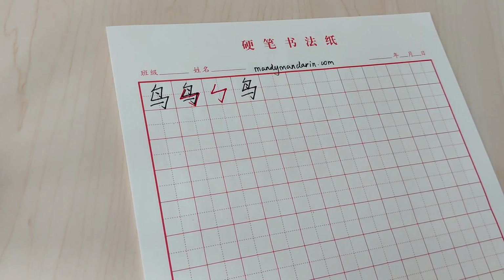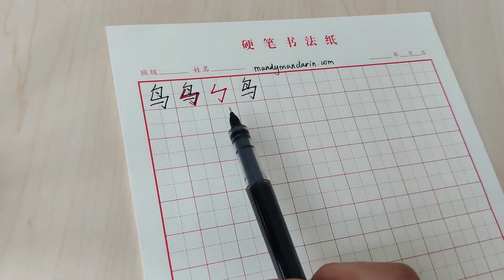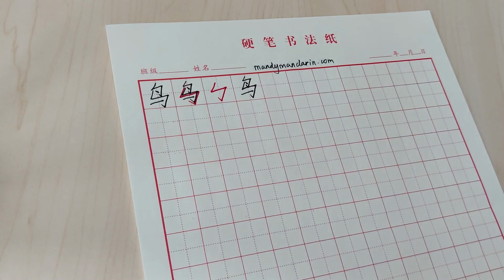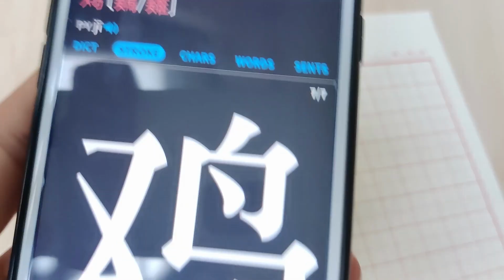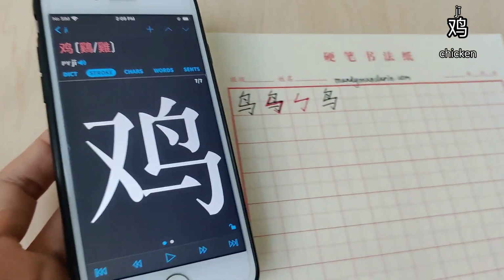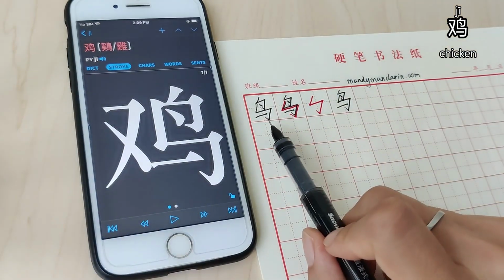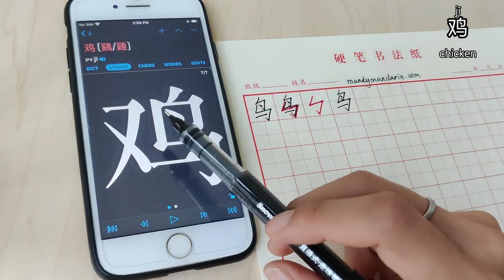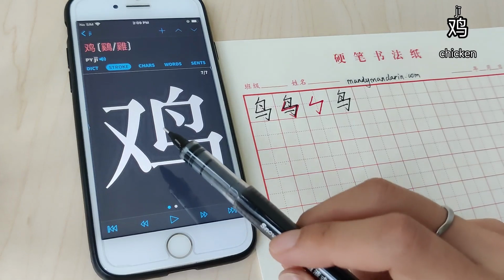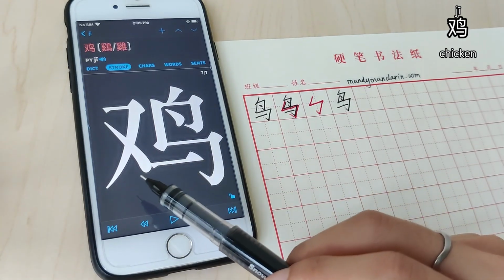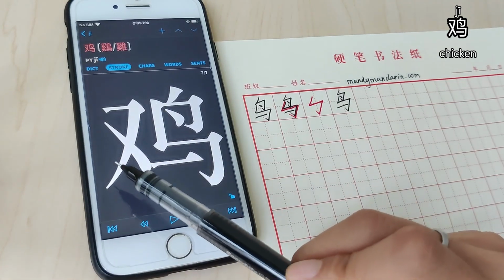As long as you learn how to write the character niao, it's pretty easy for you to write the next character, which is ji, chicken. So the niao is in the right part of the character ji, right? We just need to add an extra part on the left.